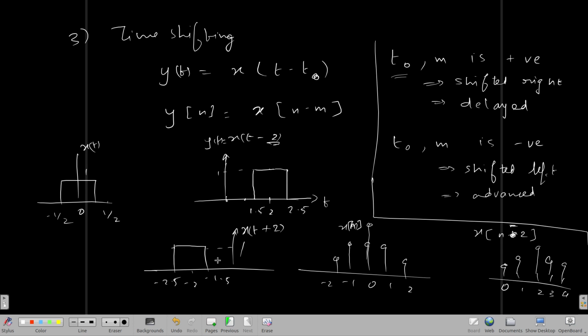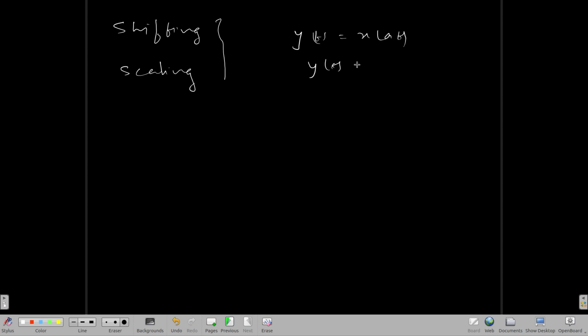The one thing you have to notice, now that we have seen shifting and scaling, right? Most of the time you will have to use these together. You have seen y of t is equal to x of at, and y of t is equal to x of t minus t0.